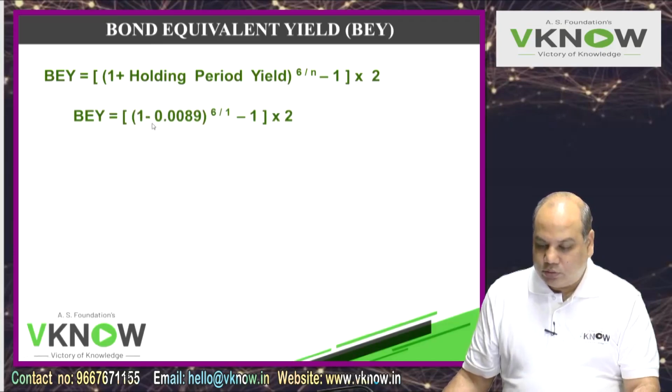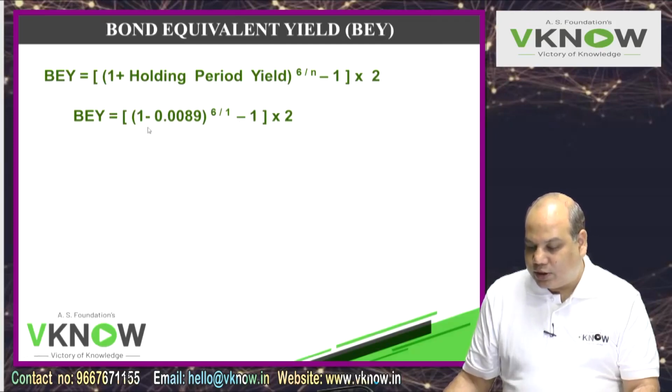So that is equal to, in bracket, 1 minus 0.0089 to the power 6 by 1. This will give you the 6 monthly return. Then minus 1 means you get the interest for 6 months, and then into 2 gives you the annual value.